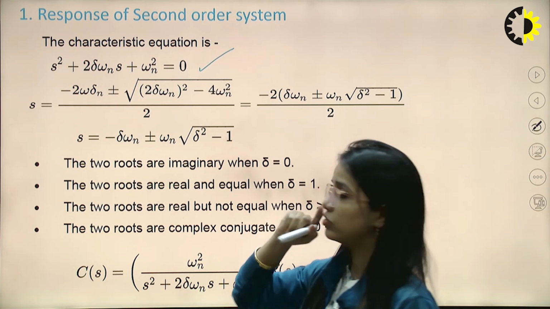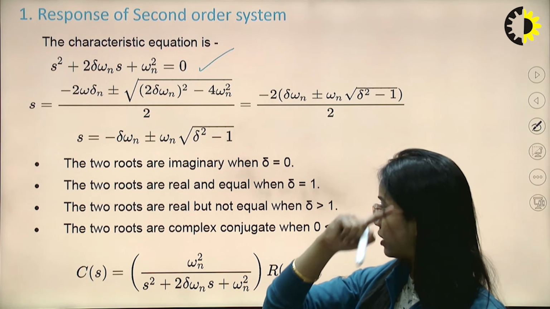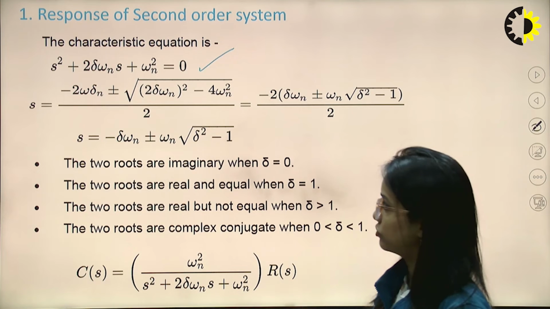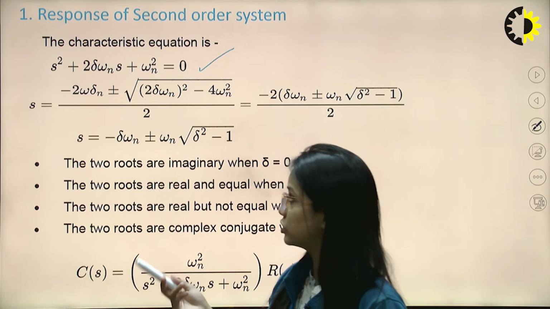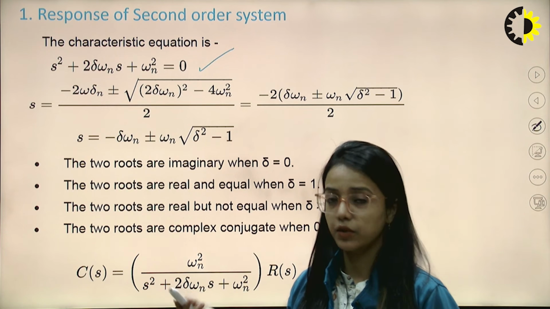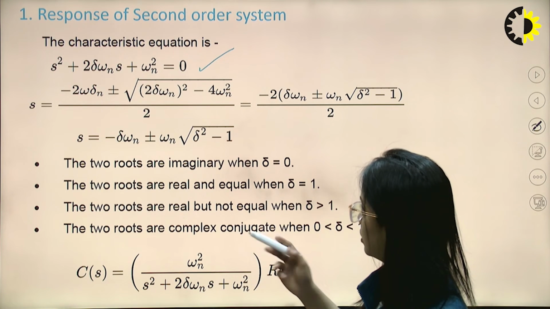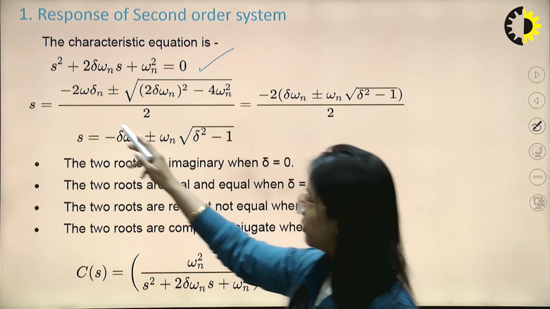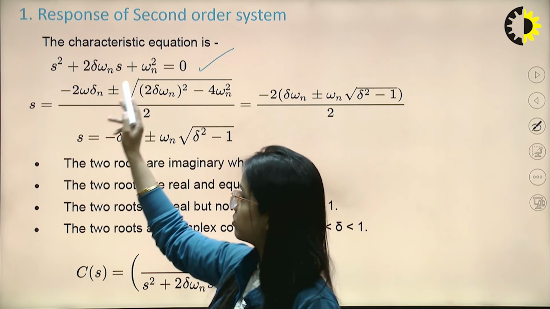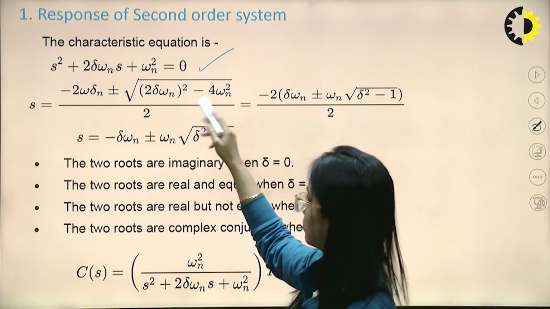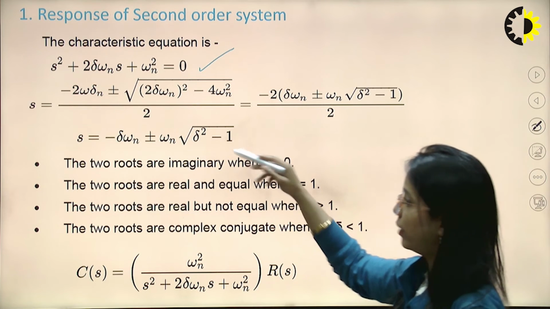Okay, so when we try to find out the values of s, of course we have to follow the formula to find out the roots of a second order equation. Using the formula, we get the values as minus 2 zeta omega n plus minus root over (2 zeta omega n) square minus 4 omega n square, by 2.